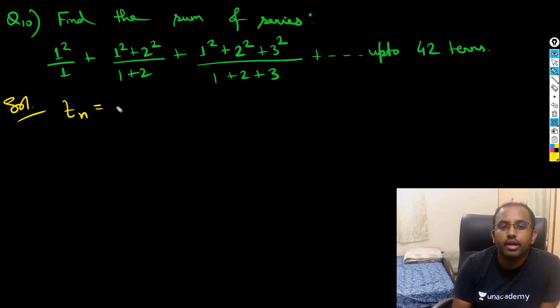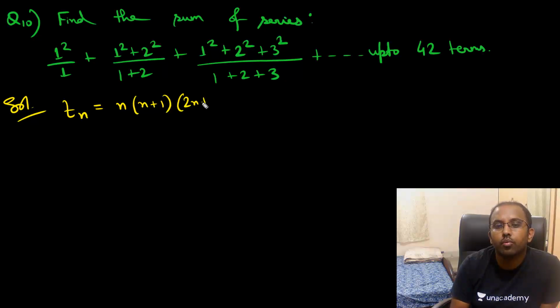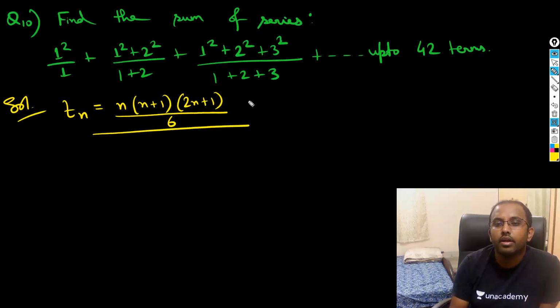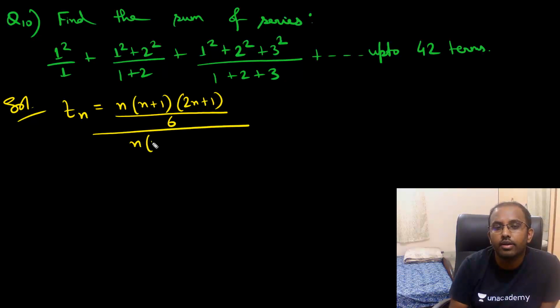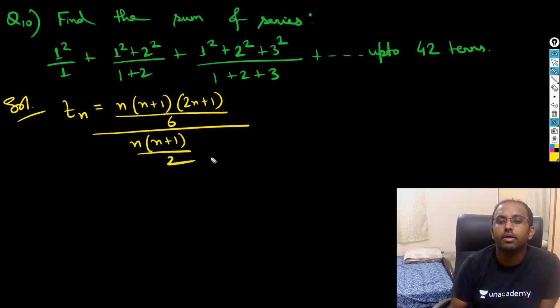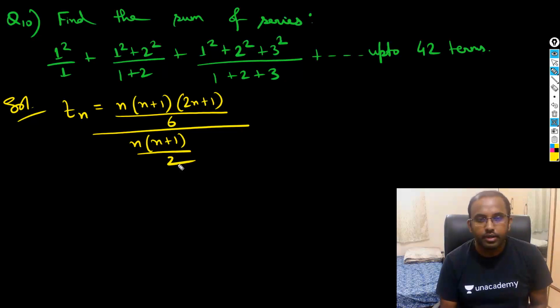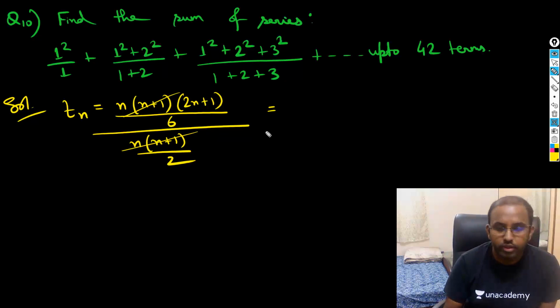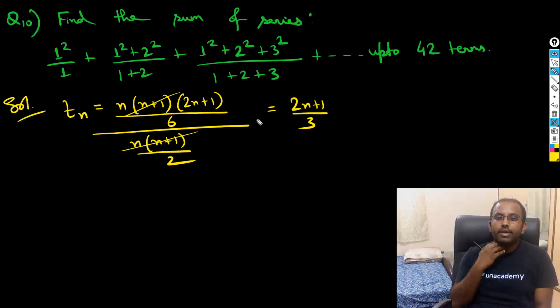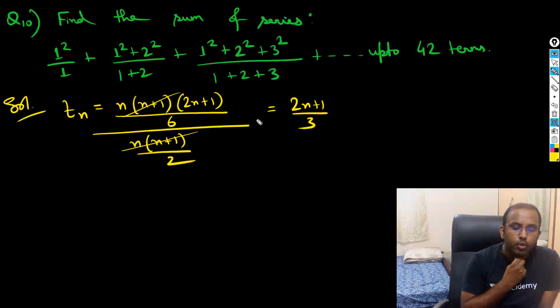It is n into n plus 1 into 2n plus 1 divided by 6, divided by, in the denominator, n into n plus 1 divided by 2. Now this will get cancelled. So what am I left with? I'm left with 2n plus 1 divided by 3. So I get my Tn as 2n plus 1 by 3.